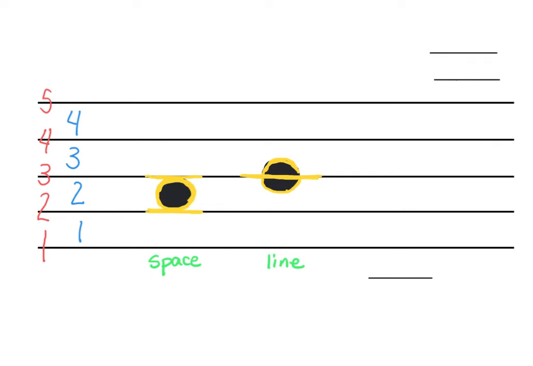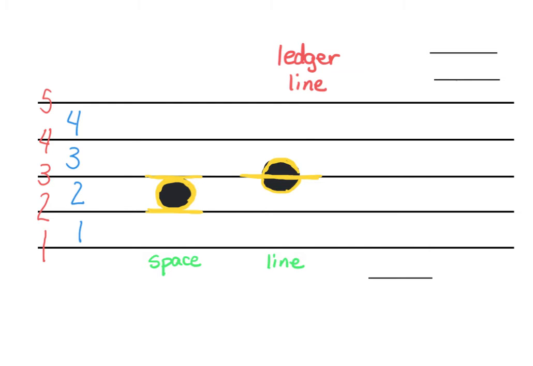Sometimes the notes are high enough or low enough that we have to use a sort of line called a ledger line. Now, the same thing applies to notes that are on ledger lines as in the staff.